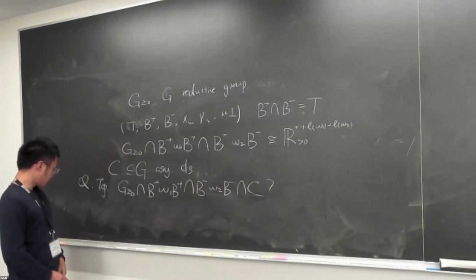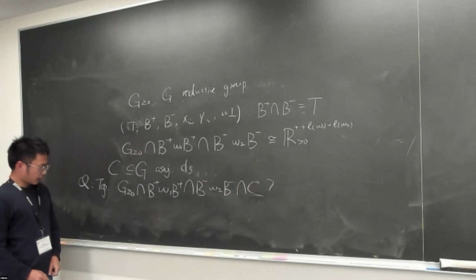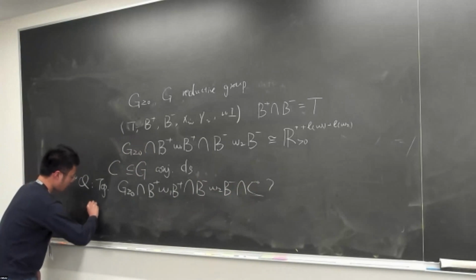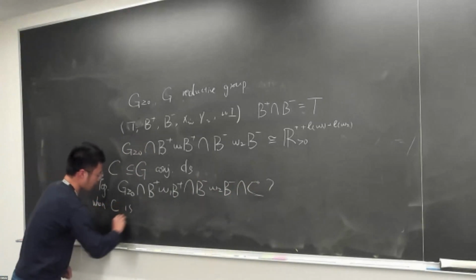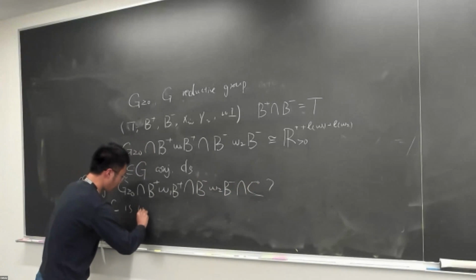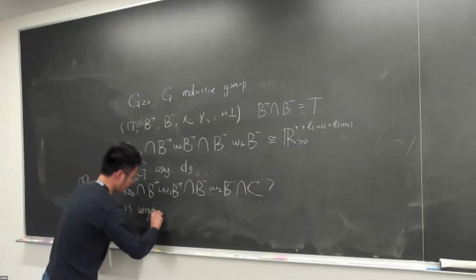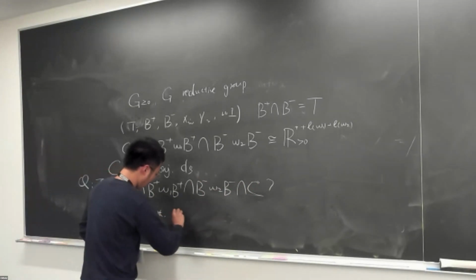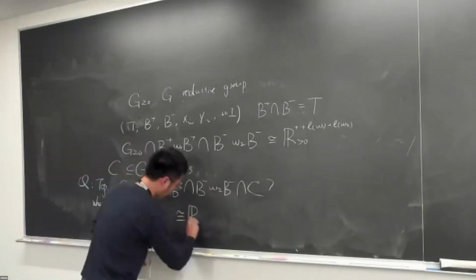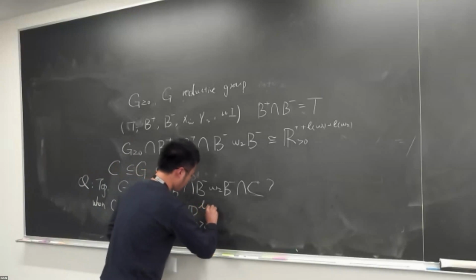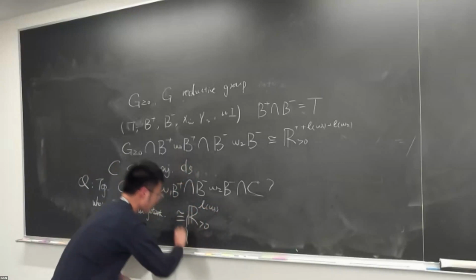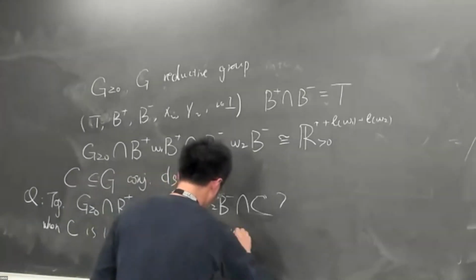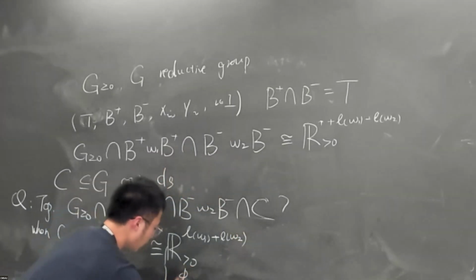But one thing: it is a joint theorem. We showed that when C is unipotent, which means that it is a unipotent conjugacy class, then this is either isomorphic to R positive to the length of W1 plus the length of W2, or empty.